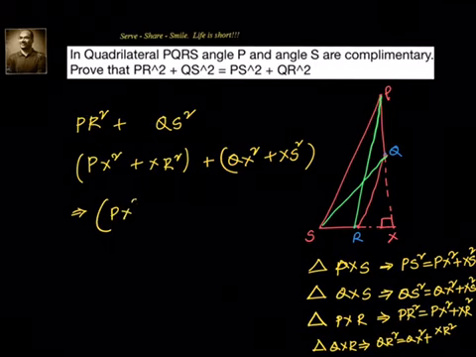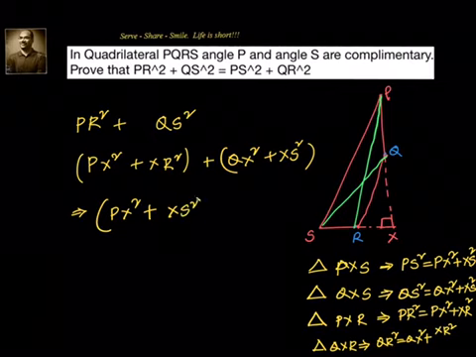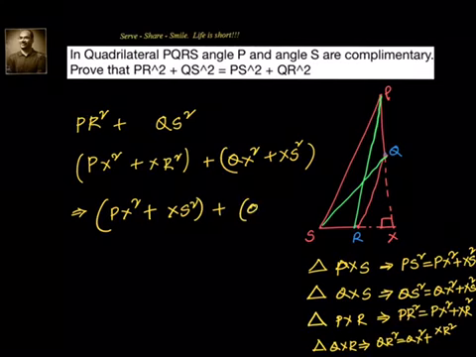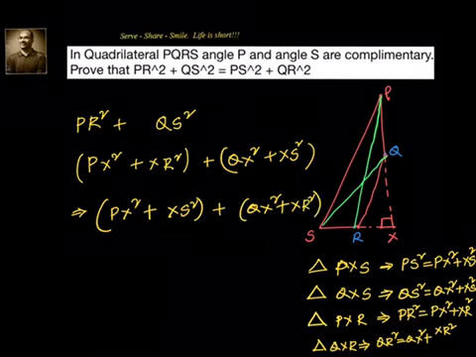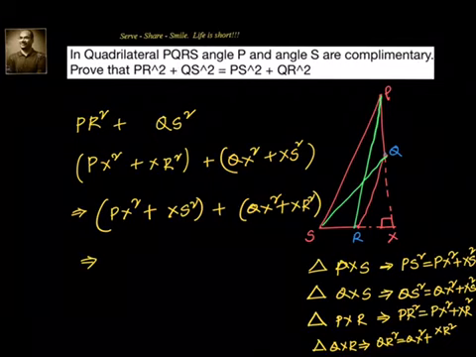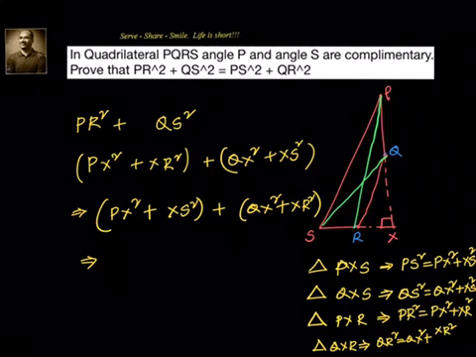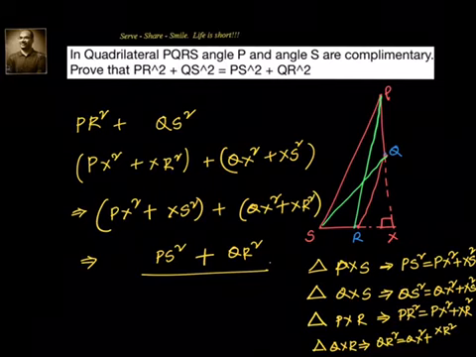Then we will have PX square plus, instead of XR square, let's write down XS square there, interchanging, and we will have here QX square plus XR square. Now we can clearly see that PX square plus XS square equal to PS square. We know that. Similarly, QX square plus XR square equal to QR square. That is what we need to prove.